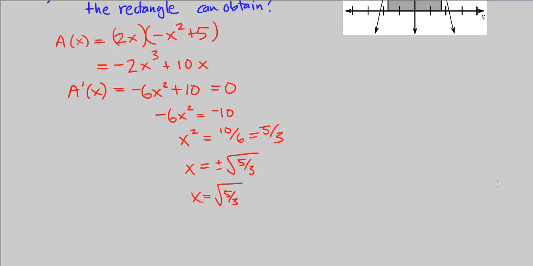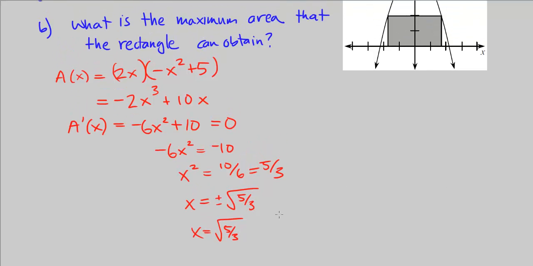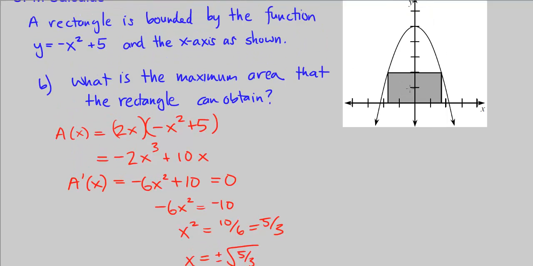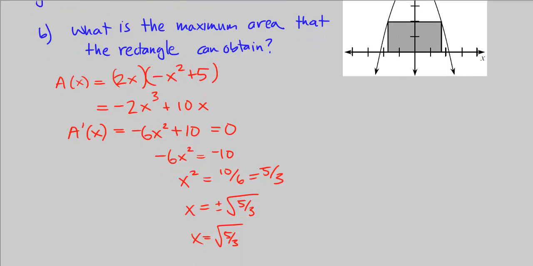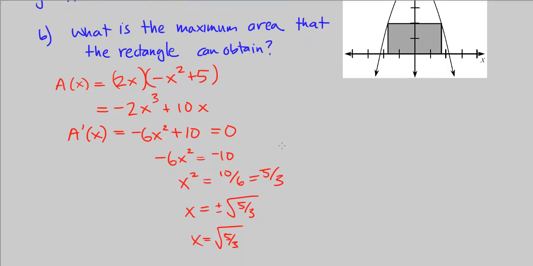Okay? And again, this is going to be a minimum or a maximum, but we can check this by looking at the concavity of our function. Well, A double prime of x is equal to negative 12x, right?